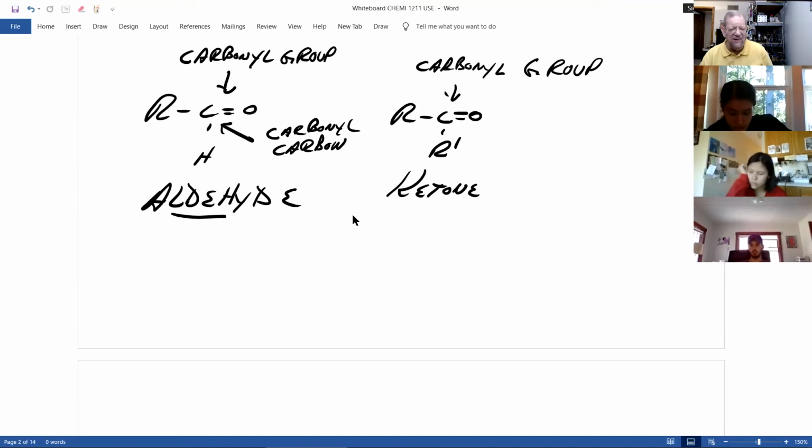When I'm talking about the carbonyl carbon, I'm talking about this carbon right here in an aldehyde. And notice a ketone also has a carbonyl carbon. Again, it's this one right here, the carbon that's double bonded to the oxygen.